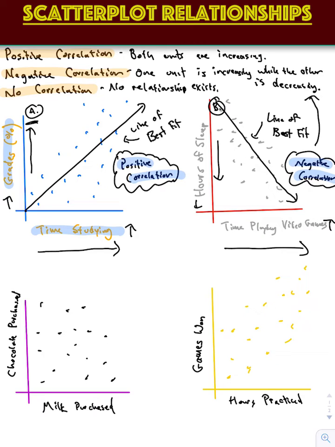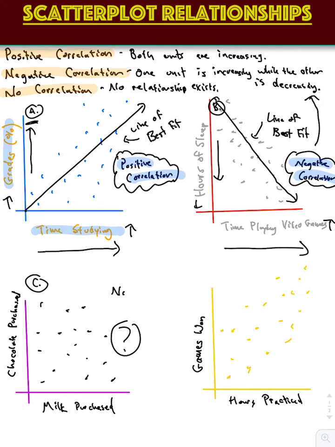Okay, our third graph, graph C. We have milk purchased at a grocery store and chocolate purchased at a grocery store. As we look at this one and evaluate, it doesn't really look like we can draw a line of best fit. We can't really tell if it should go up or down, or if it is increasing or decreasing.